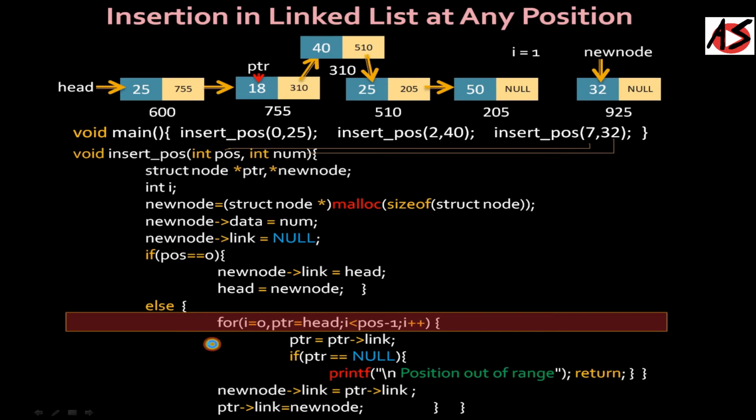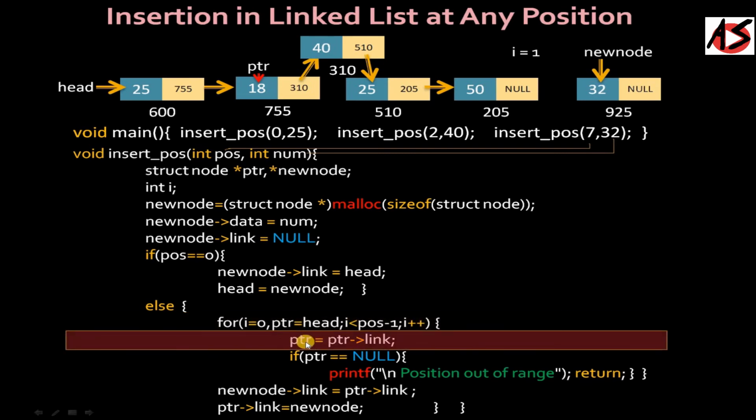This condition is true, so this line will be executed, that is pointer is equal to pointer link part. So again we will shift the pointer to the link part of the pointer. The link part of the pointer is 310, so our pointer gets shifted to 310. You can see here now pointer is shifted to 310.